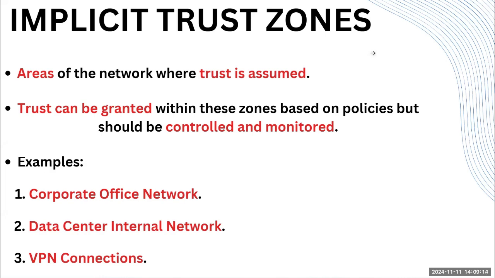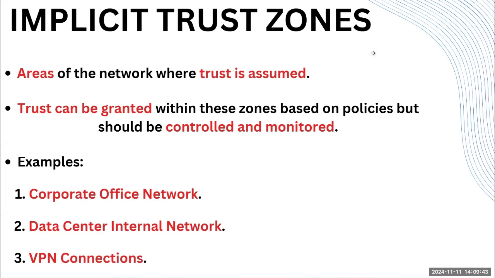It's called lateral movement, moving within a network. It's also known as horizontal privilege escalation. When we say horizontal privilege escalation, it means we're moving from one device to another device, right? And that's why we should continuously monitor and control these zones, although they are implicitly trusted, we still have certain monitoring security measures in place.